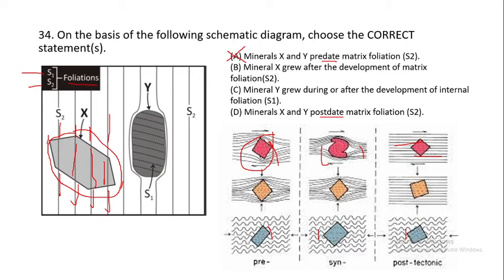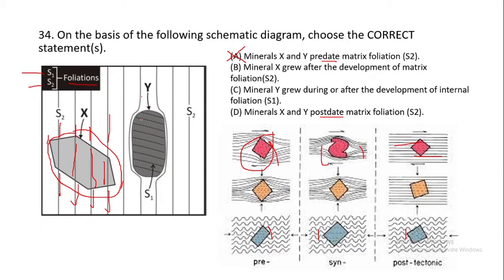Now option B, mineral X grew after the development of matrix foliation S2. That means the crystal is already present and the deformation takes place, as in crystal Y. Now observe in crystal Y what happened.